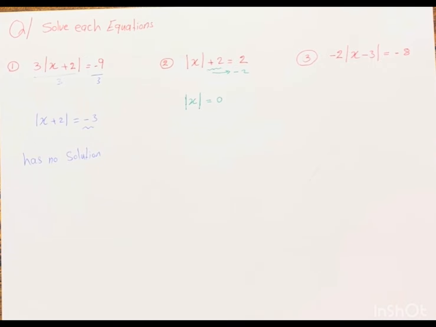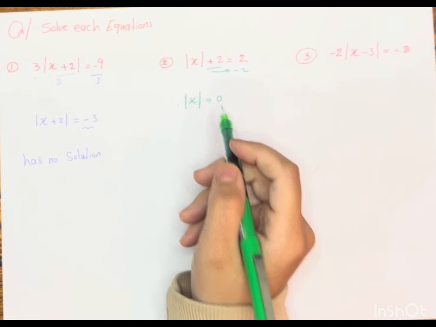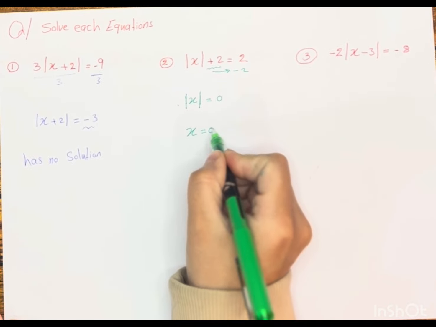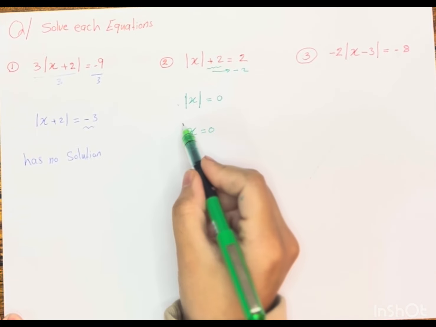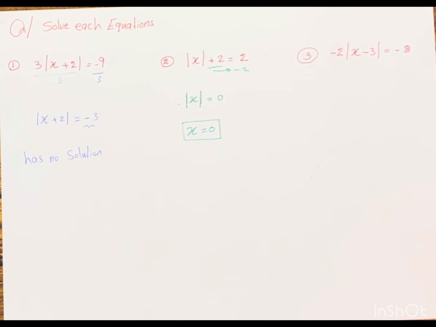Now we can open the absolute value because there is no coefficient and no plus or minus next to it, so I will write x equal to 0. Is there any coefficient to divide both sides by? No. And there's no plus or minus, so that is the solution. Always isolate the absolute value, okay? Then we can solve it.